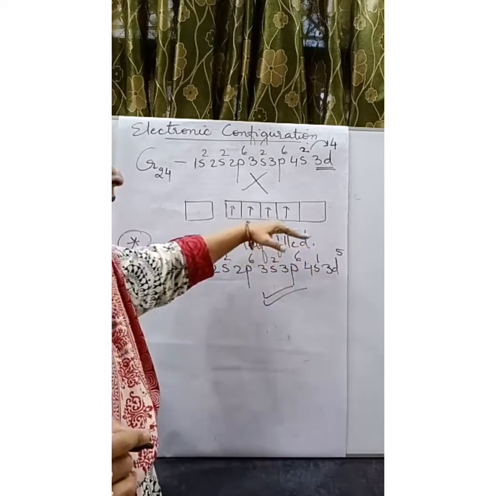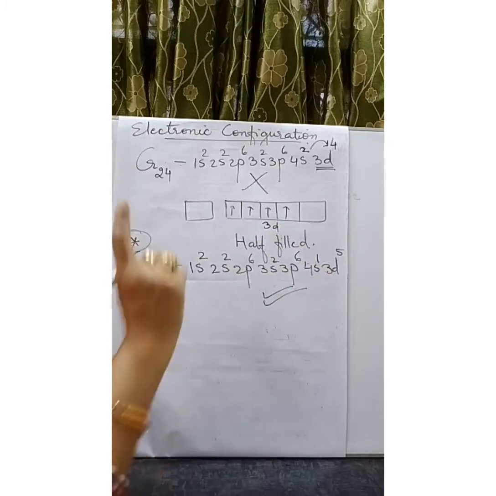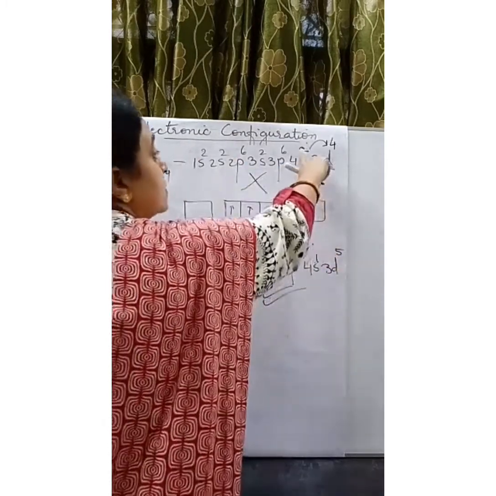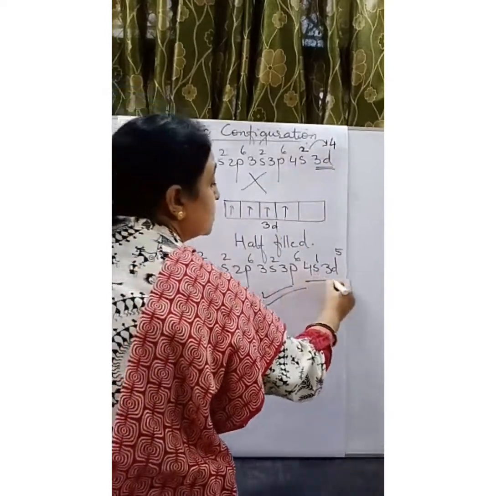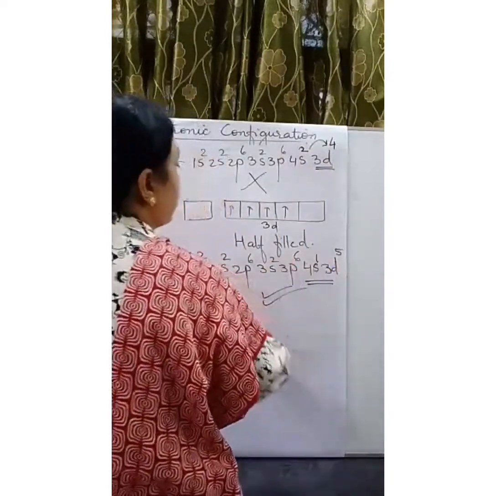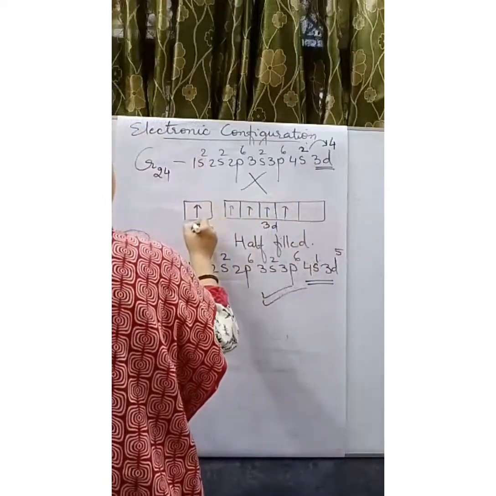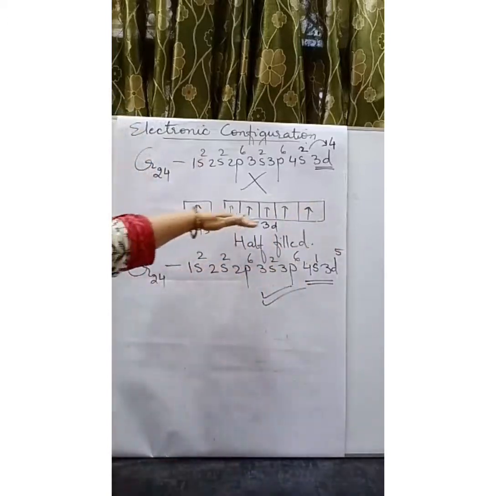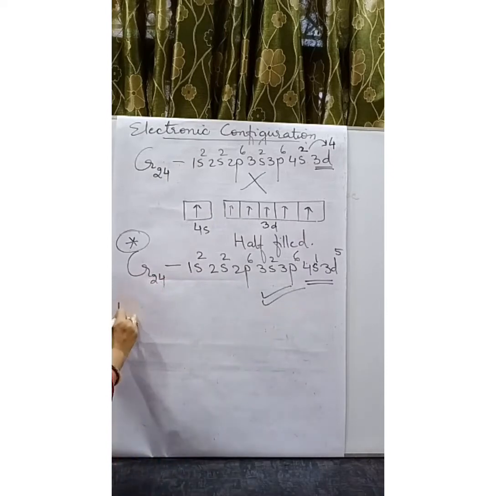For getting stable, it has to be half filled, and it requires only one electron for getting half filled, which it withdraws from 4s. So this is the configuration of chromium, and when you draw the electron orbital diagram, we get this type of orbital diagram for chromium.